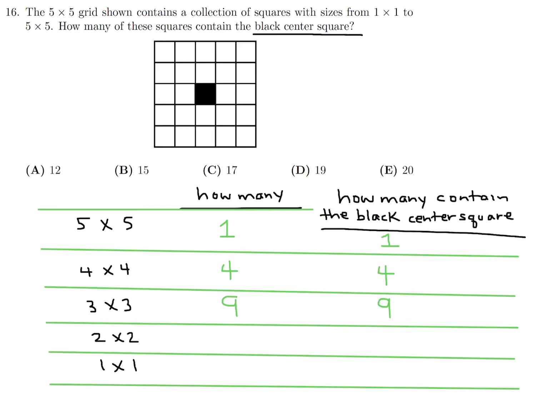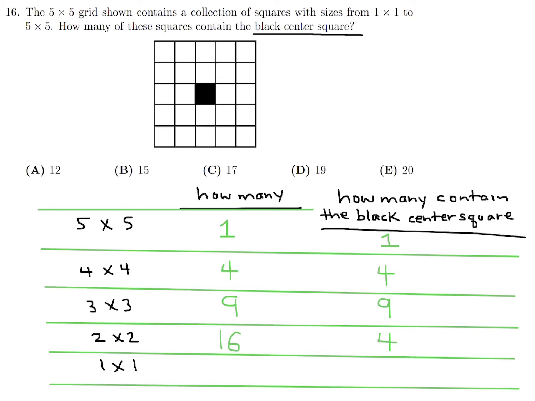So I've got 1, 2, 3, 4, 5, 6, 7, 8, 9, 10, 11, 12, 13, 14, 15, and finally 16. All right, got a little outside the borders, but that's okay. 16 of them. Now, did you count how many contained the black center square? Only 4 of them did.